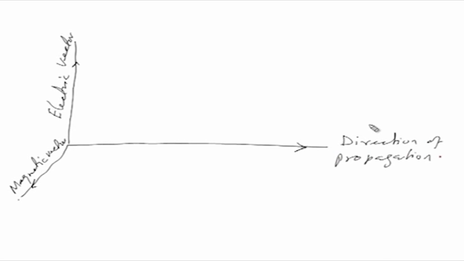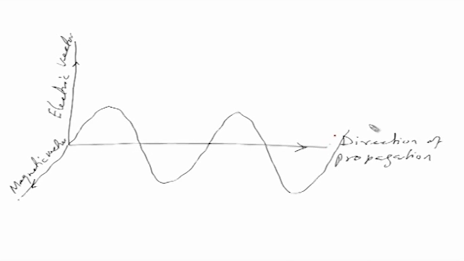As we depict the wave nature of the light here, supposing this is one direction, and I say this direction is the electric vector, then there will be another direction which is perpendicular to this.